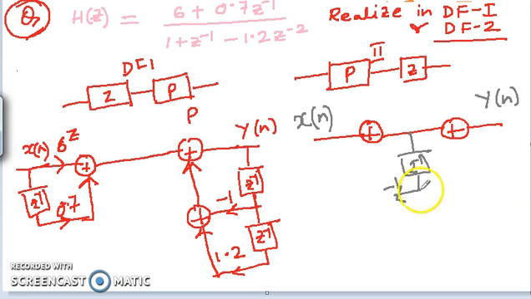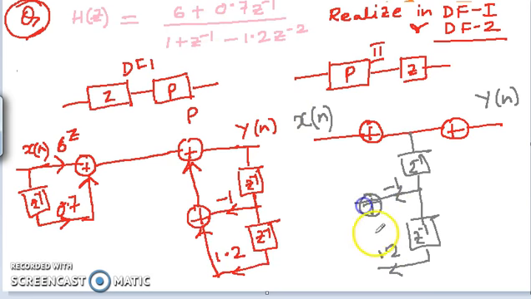And next the value is minus 1.2. So we take another delay, and as the coefficient is minus 1.2, we will take it as plus 1.2. We put a summer here, and this will be added with this.